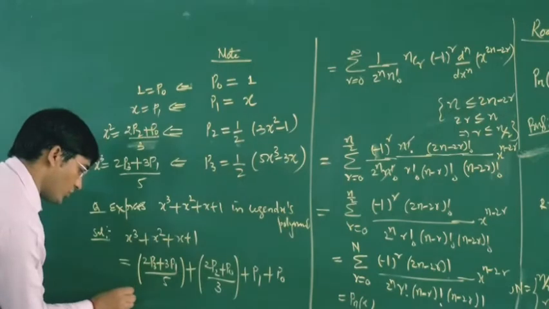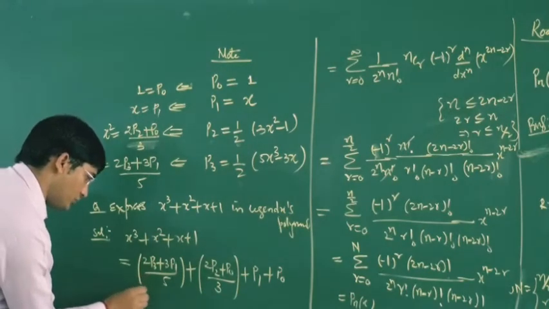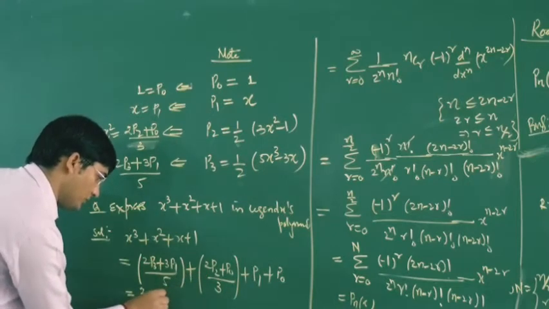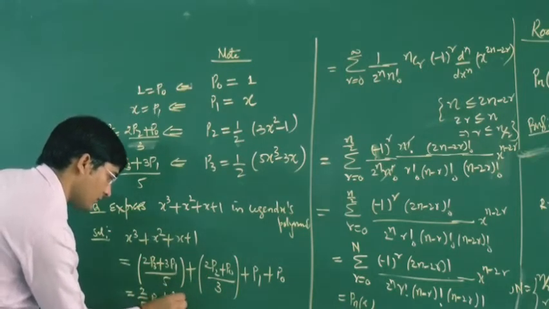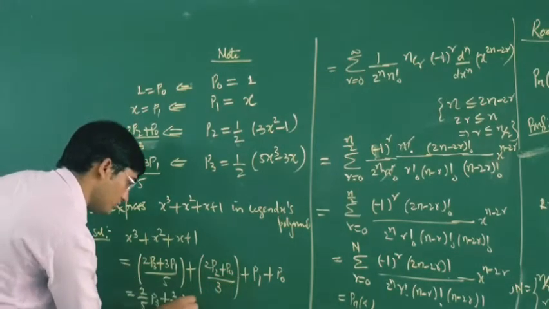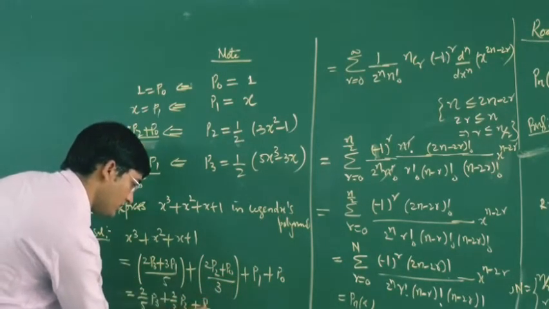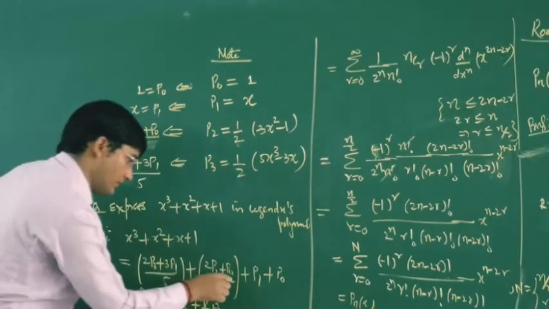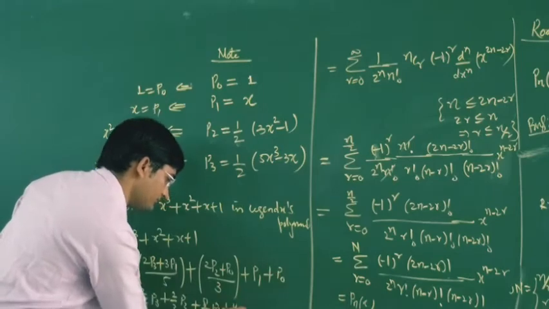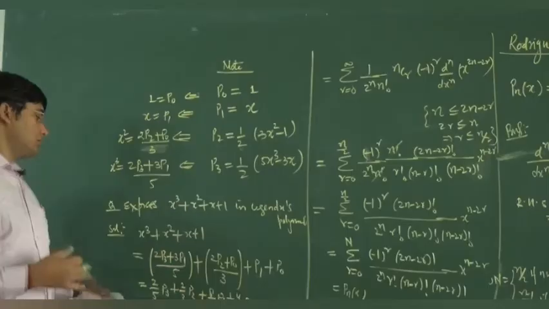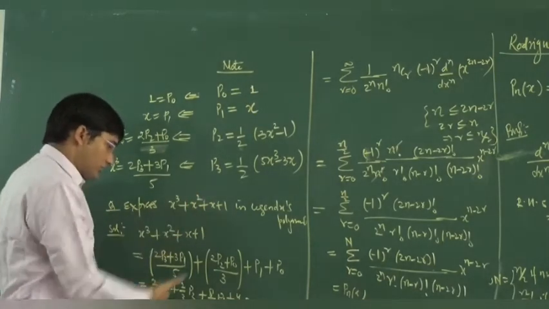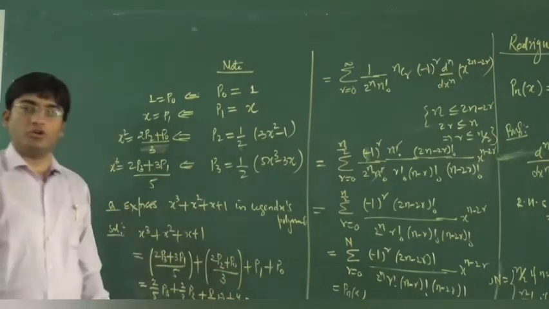So if you take the coefficients common, then here we have 2 upon 5 P3, then 2 upon 3 P2, then 3 upon 5 plus 1, so this will be 8 upon 5 P1, then the constant will be 1 by 3 plus 1, so this will be 4 by 3 P0. So this is your Legendre polynomial. So every algebraic polynomial can be written in terms of the Legendre polynomial.